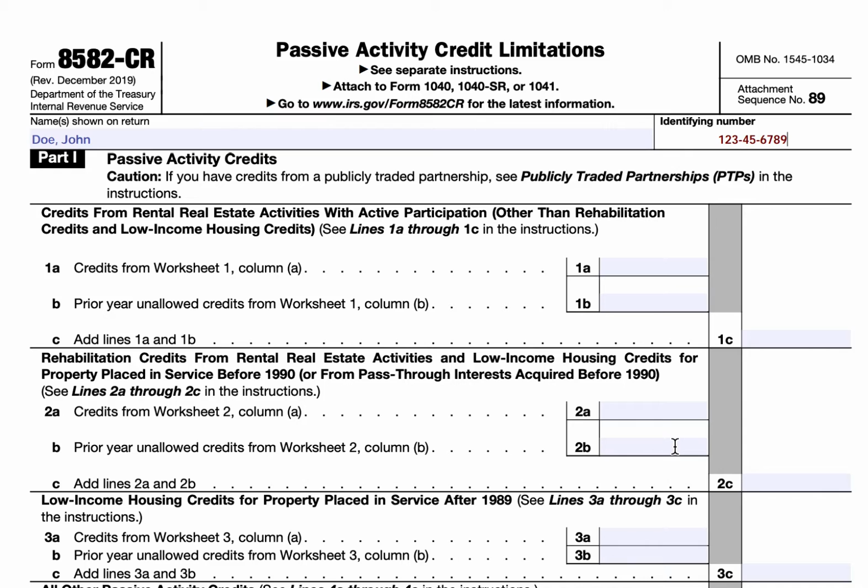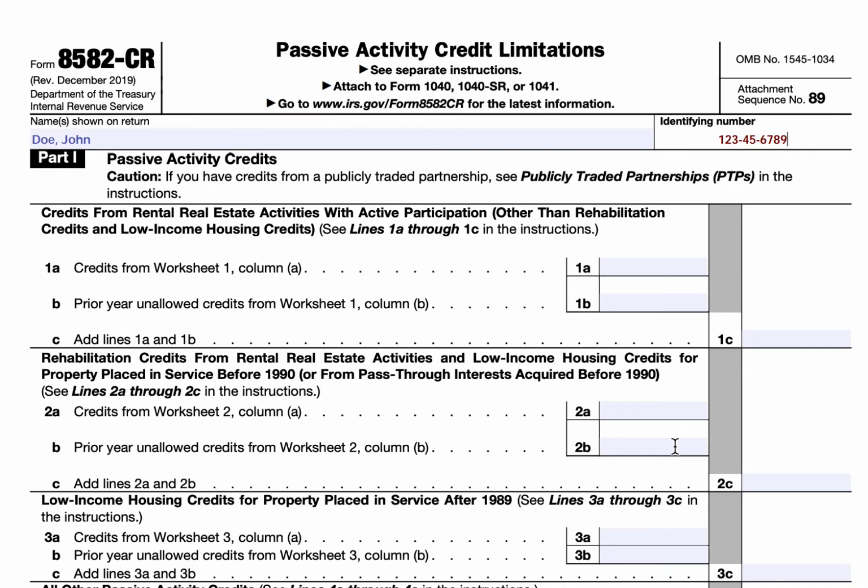In line 1, we're going to enter credits from rental real estate activities with active participation. In order to do that, you'll have to complete worksheet 1 in the form instructions. Worksheet 1 basically prompts you as the taxpayer to enter the credits from the current year from various tax forms, specifically IRS Form 3800, IRS Form 8834, and IRS Form 8586.